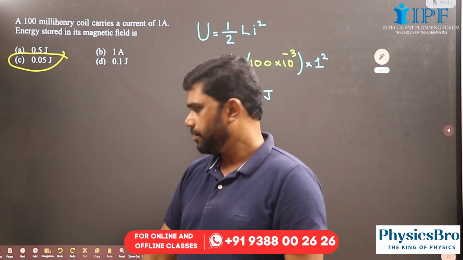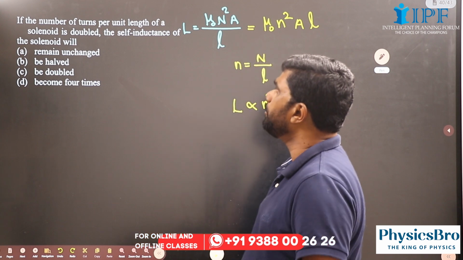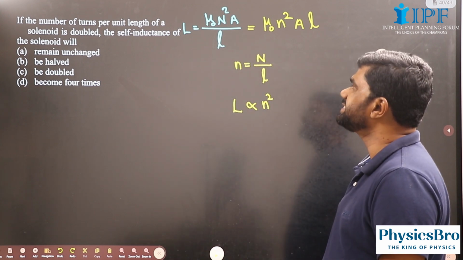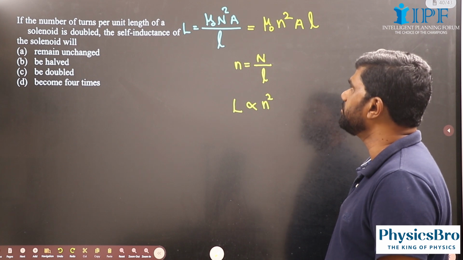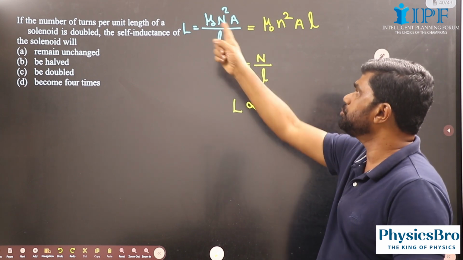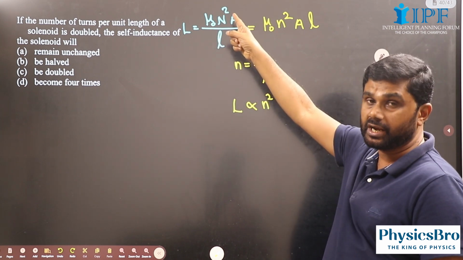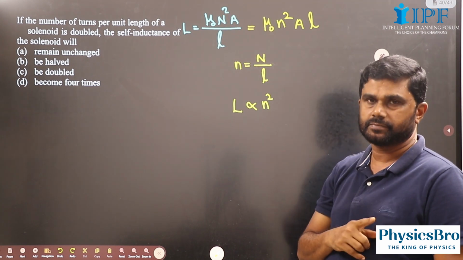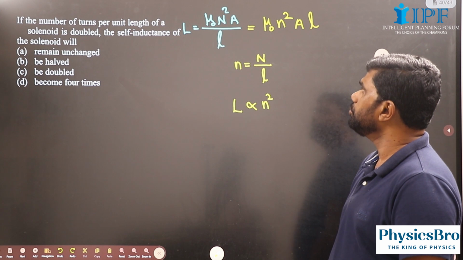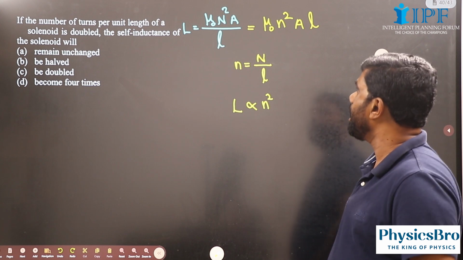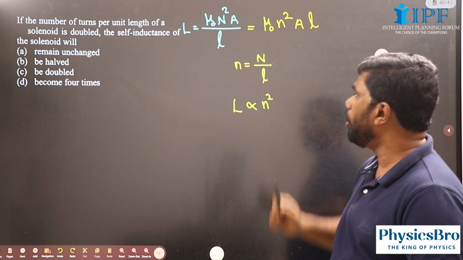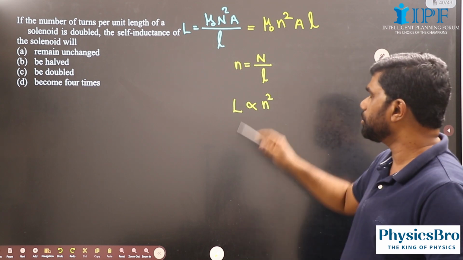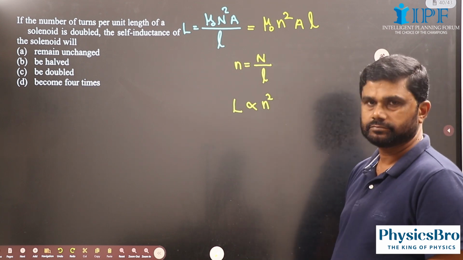Next, if the number of turns per unit length of a solenoid is doubled, the self-inductance of the solenoid will become? See, self-inductance is mu 0 capital N square A by l, where capital N is the total number of turns. Now, small n is the number of turns per unit length, that is equal to capital N by small l.